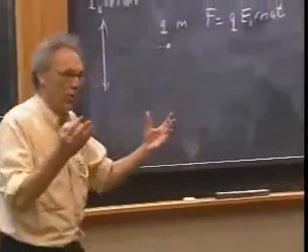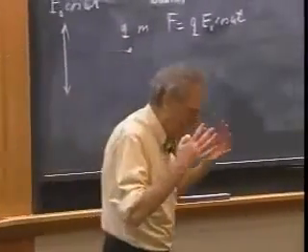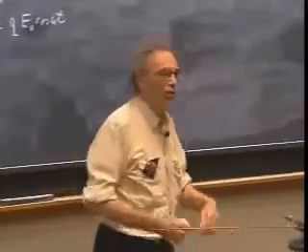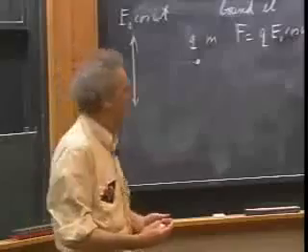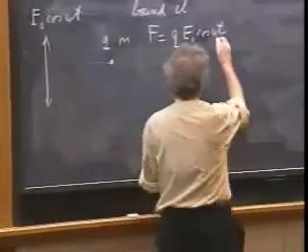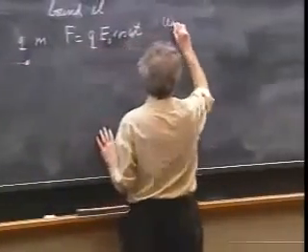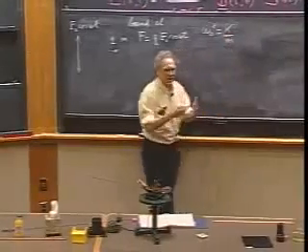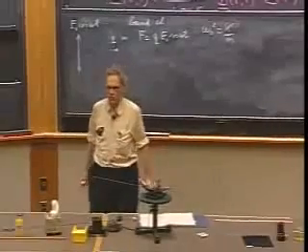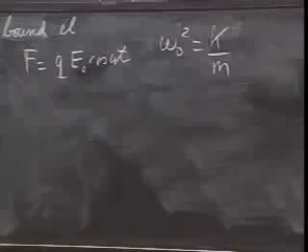So there is a restoring force that acts to some degree like a spring, and so there is also a resonance frequency associated with that restoring force. And that resonance frequency I will simply call omega 0 squared, which is then k over m, and k is the equivalent of the spring constant, which now acts in the atom.